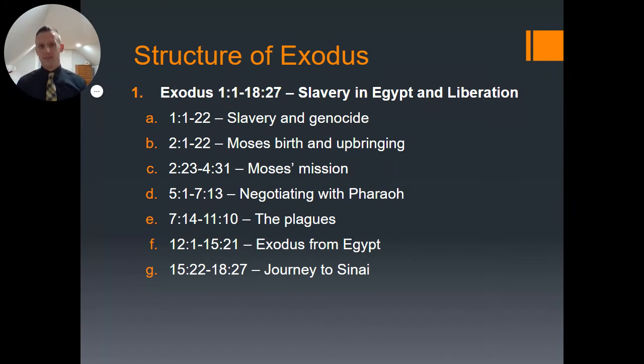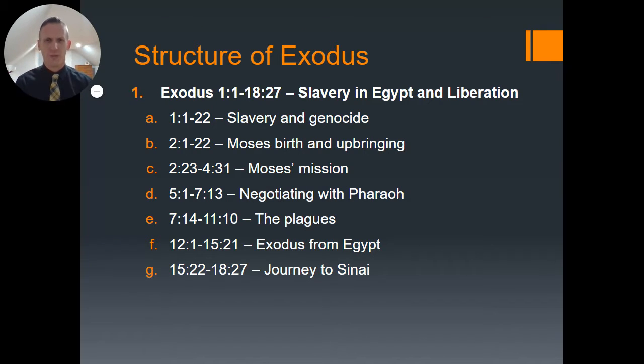You see, at the very beginning, the problem, right? Israel's enslaved. And that's problematic. Then it gets really problematic in that there's a genocide. Pharaoh tries to wipe out the Israelite people. And in the midst of that genocide, you have the birth of, well, maybe what we expect to be the hero. Maybe he's not the hero.